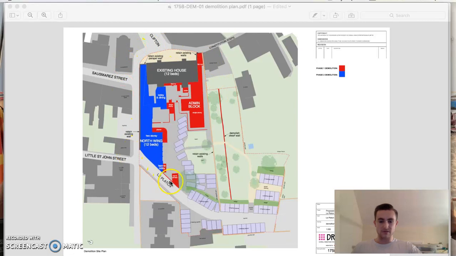So I'd advise that the contractor would do this during a 9 to 5 period when it would least affect people in this area, because during that period, most of the occupants probably won't be in their properties.